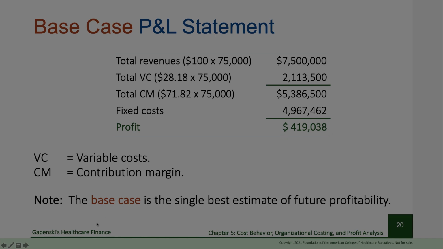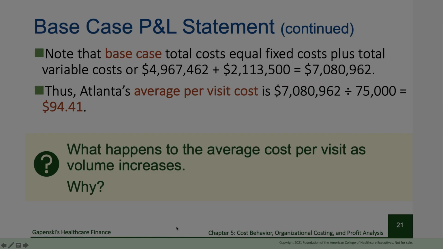So the base case is the best estimate of future profitability. You see that the base case total equals fixed cost plus total variable cost, which equals approximately $7 million. So the average per visit cost for Atlanta is $7 million divided by 75,000, and then we get $94.41. What happens to the average cost per visit as volume increases?